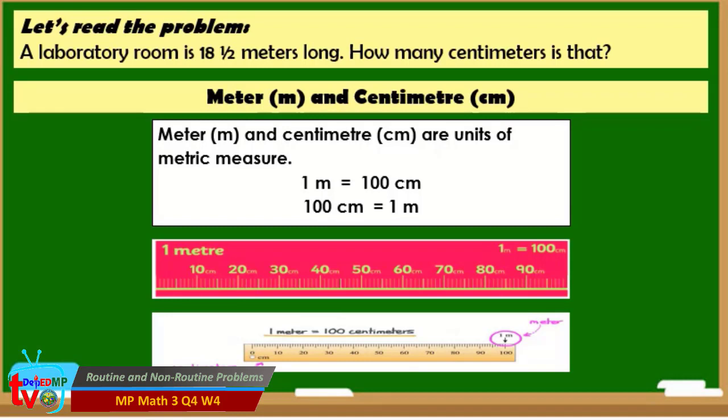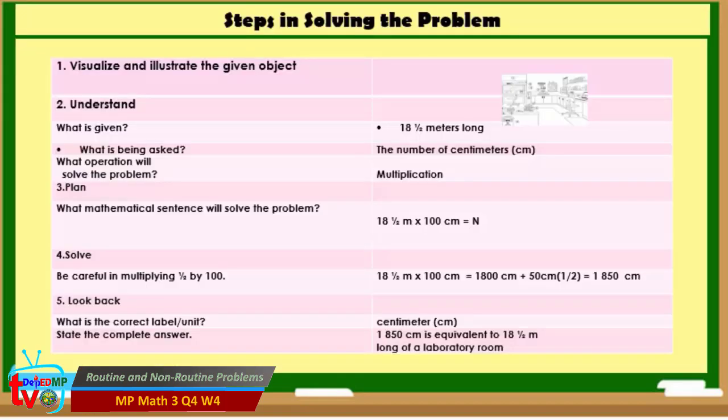Let's read the problem. A laboratory room is 18.5 meters long. How many centimeters is that? Meter and centimeter are units of metric measure. Here are the steps in solving the problem. Number 1, visualize and illustrate the given object.